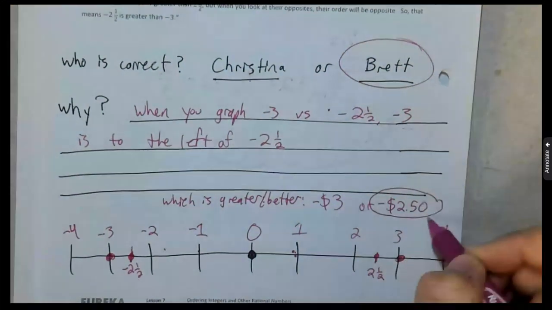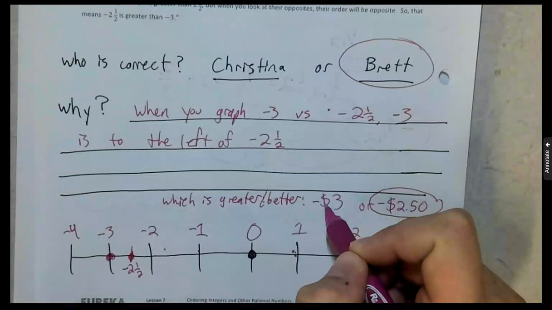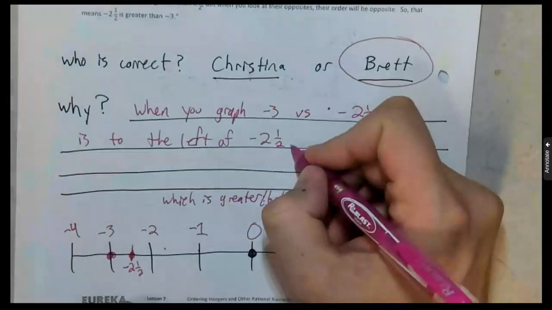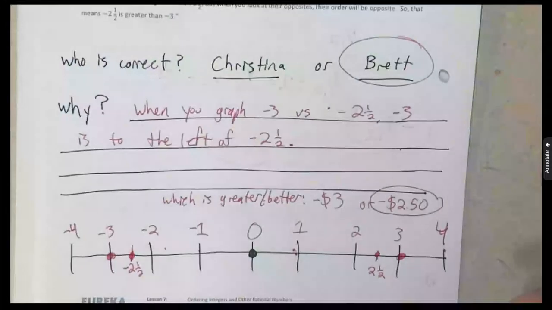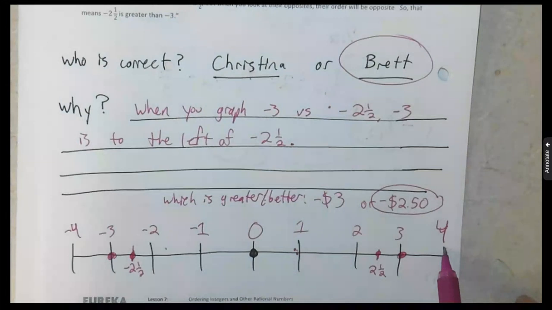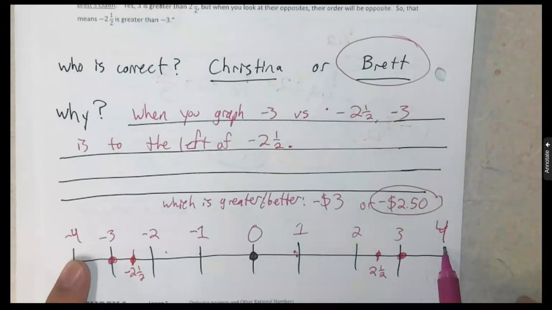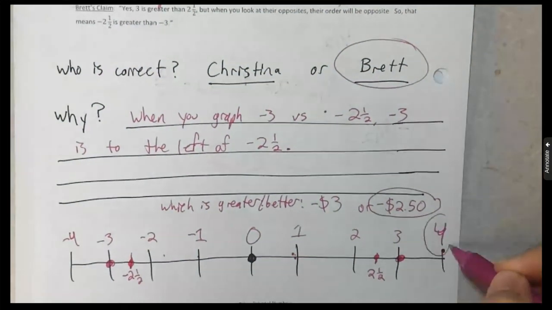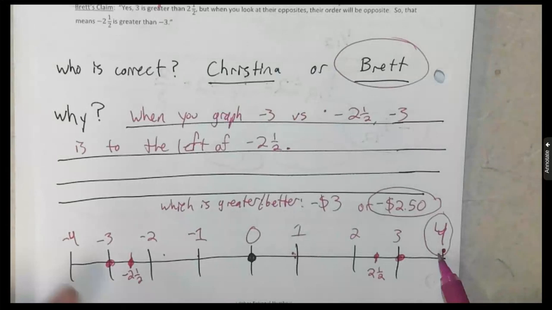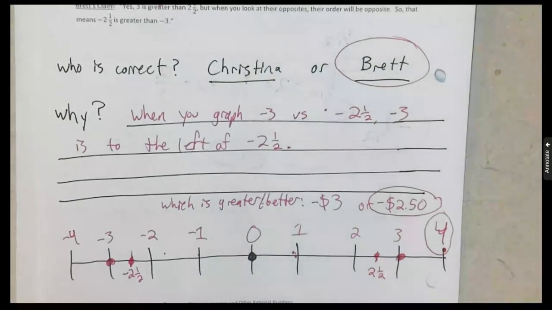So this is greater than this. Okay. So I always think of it in money terms. Right? Would you rather have $4 or owe someone $4? Well, I would rather have $4. So 4 is better than -4. Okay.